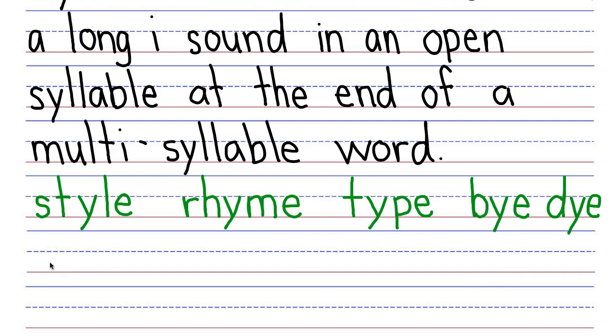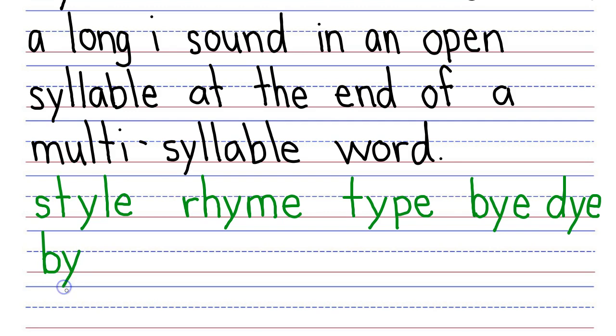Now there is a second category of words where letter Y makes a long I sound, and those are words made up of just one open syllable, which is just a one-syllable word that ends in a vowel. In this case, ends with a vowel Y that makes a long I sound, as in by. Here we have a B that says B, and a Y that makes a long I sound.